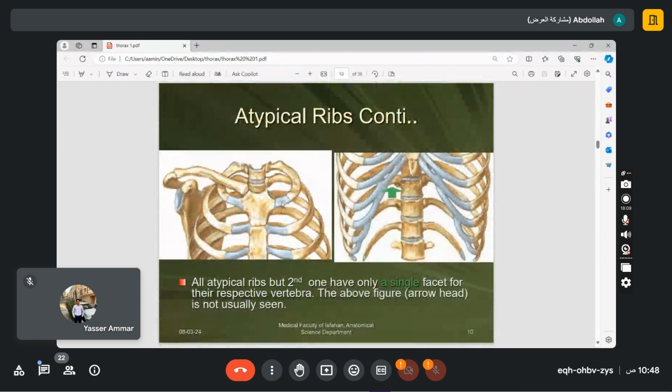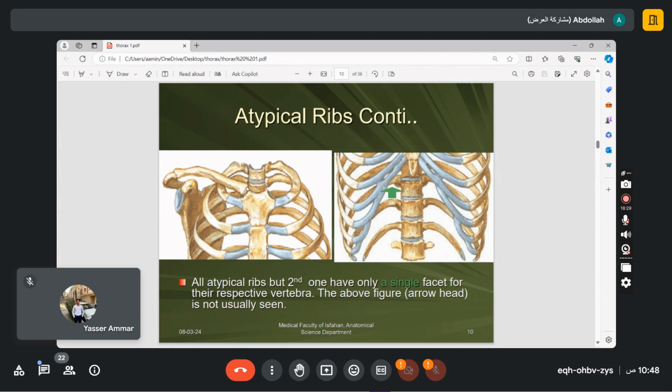In this slide, you see the atypical ribs. All atypical ribs, except the second, have only a single face for their respective vertebra. The figures above show this. For example, here is a face.